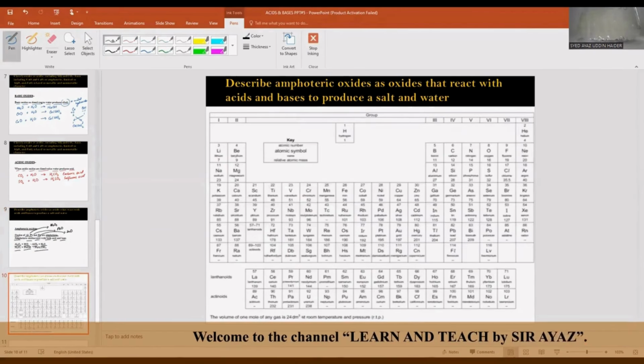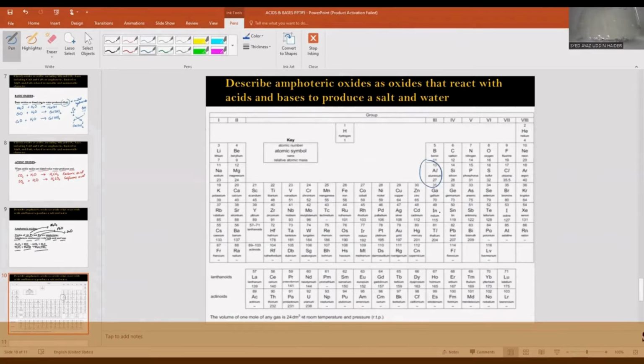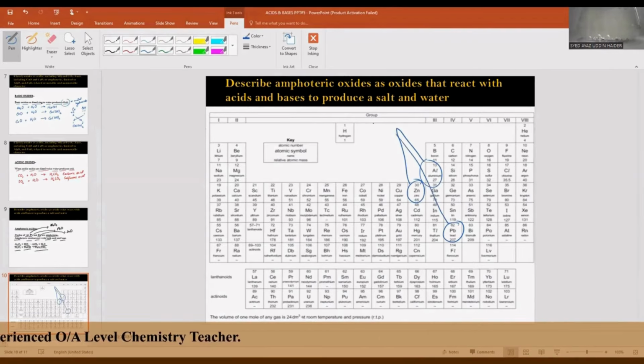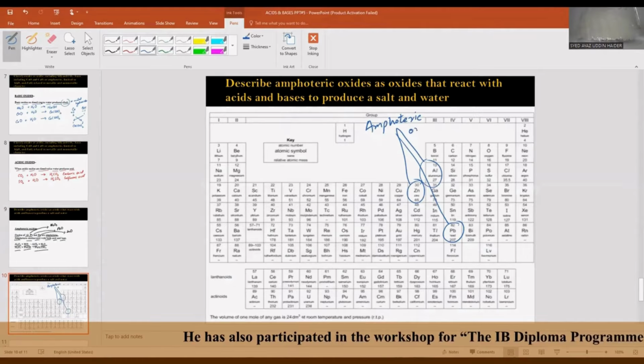So here you will find the amphoteric oxides in the periodic table. Aluminium, zinc, and lead. Amphoteric oxides.